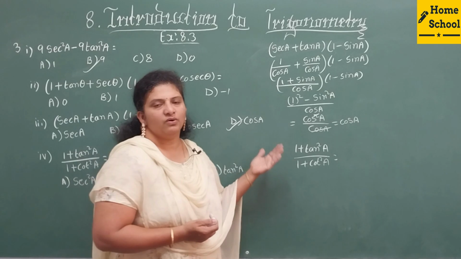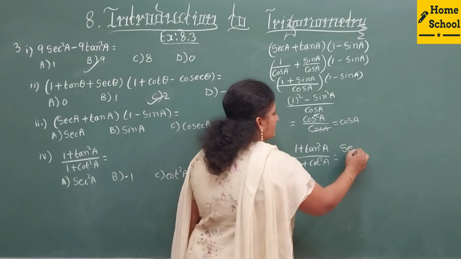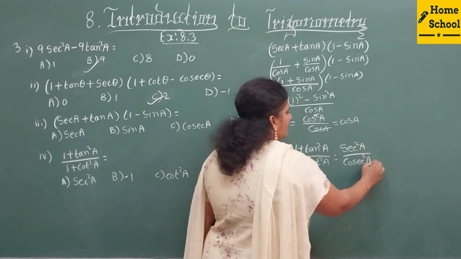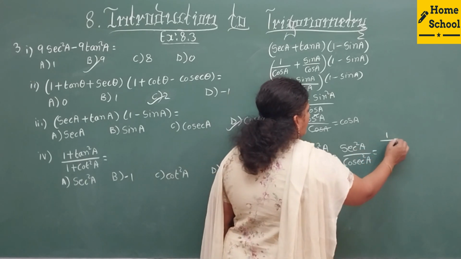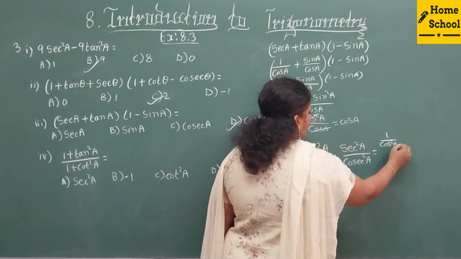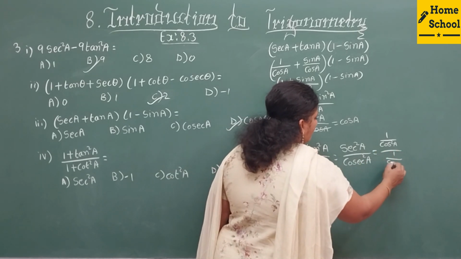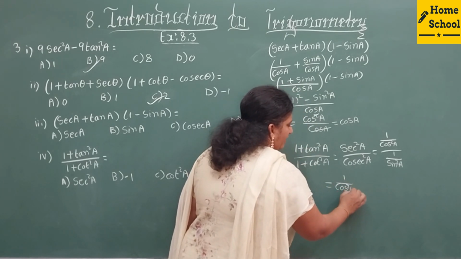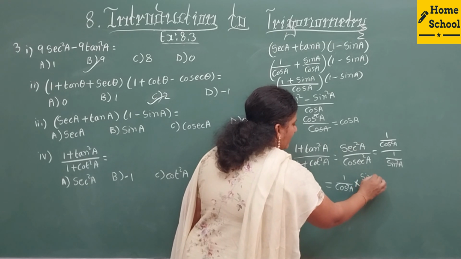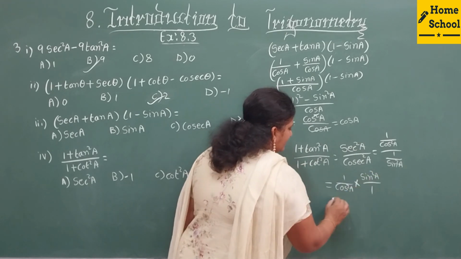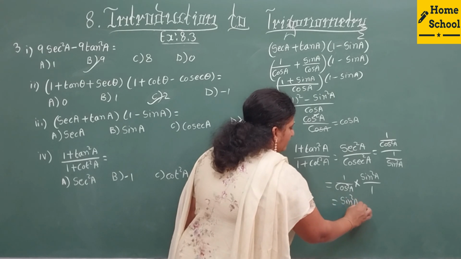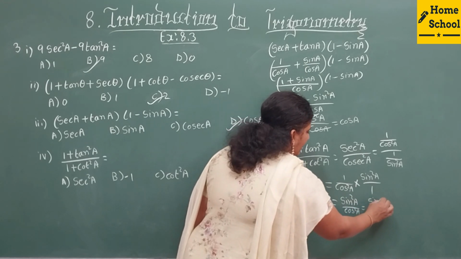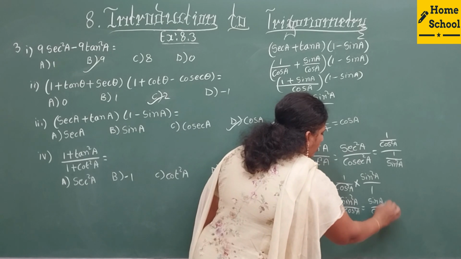By identities, 1 plus tan square A is secant square A and 1 plus cot square A is cosecant square A. Secant square A is nothing but 1 by cos square A and cosecant square A is 1 by sin square A. Do reciprocal. 1 by cos square A into sin square A by 1. 1 into sin square A is sin square A and cos square A into 1 is cos square A. So this will be sin A by cos A whole square.